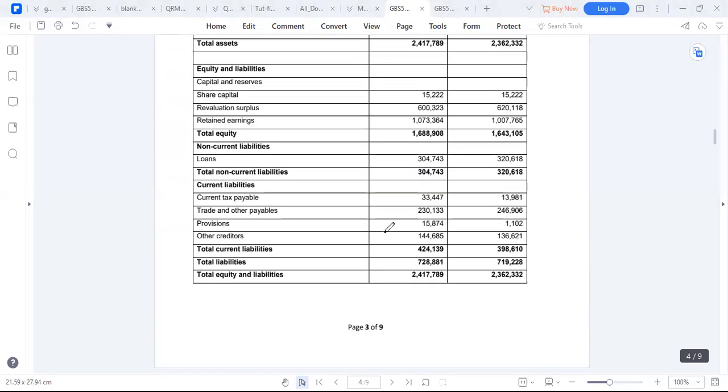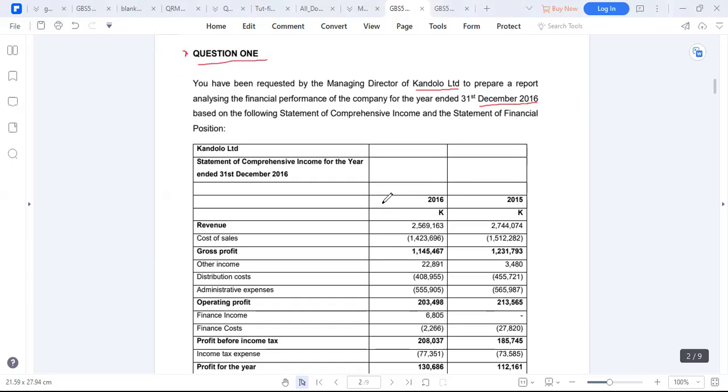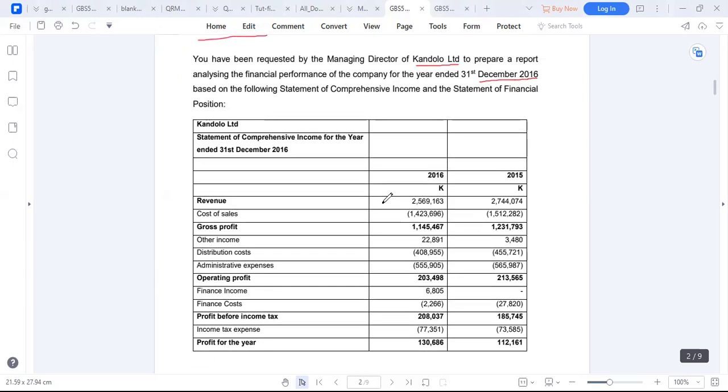All right, so let's go to our question. We have, I don't know why he loves Kandolo Limited, a company that prepares a report analyzing the financial statements of Kandolo Limited, 30th December 2016, based on the income statement and the financial position. Here we have a comprehensive income statement.